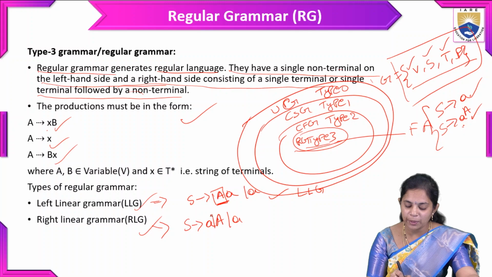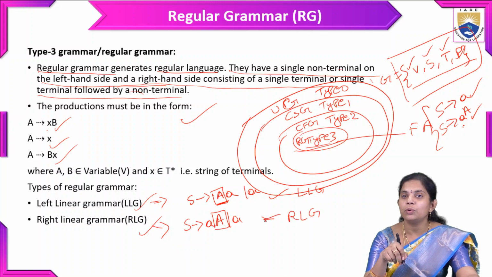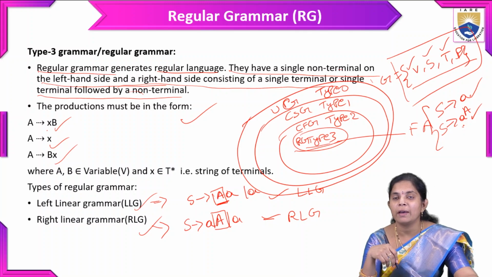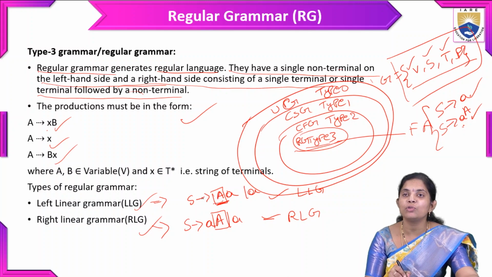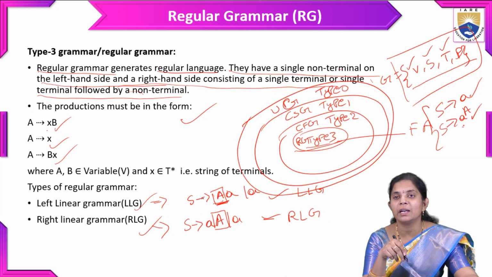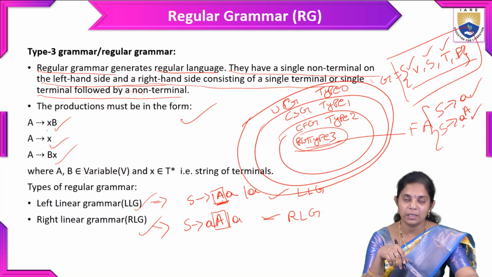Here the capital A is on the right hand side, so that's why we can represent it as a right linear grammar. So these are the two types of regular grammars we have, left linear and right linear. The position of the non-terminal will decide whether it is a left linear grammar or right linear grammar.